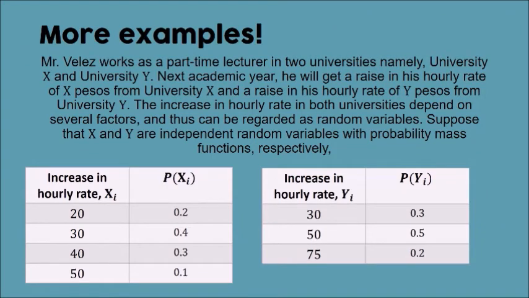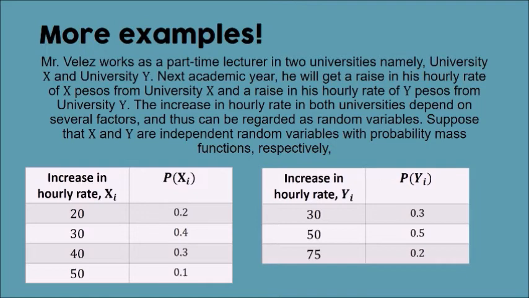Our last example is kind of complicated. Mr. Velez works as a part-time lecturer in two universities, namely University X and University Y. Next academic school year, he will get a raise in his hourly rate of X pesos from University X and a raise in his hourly rate of Y pesos from University Y. The increase in hourly rate in both universities depend on several factors, and thus can be regarded as random variables.